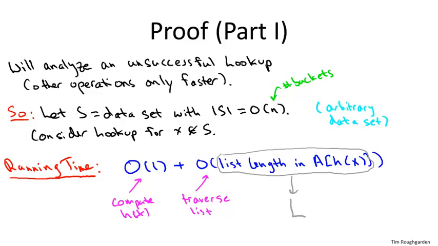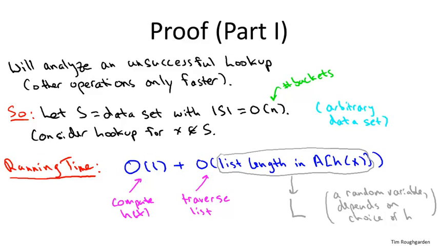So for some choices of our hash function h, this list length might be as small as 0, but for other choices of h, this list length could be bigger. This is exactly analogous to Quicksort, where depending on the real-time decision of which random pivot element you use, you're going to get a different number of comparisons, a different running time. So the list length, and hence the time for the unsuccessful search, depends on the hash function little h, which we're choosing at random.